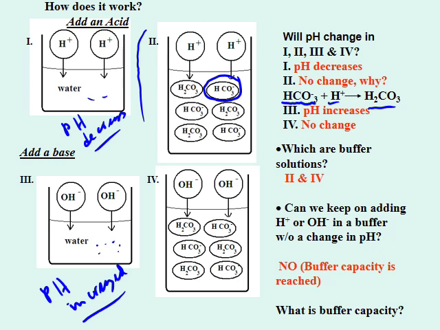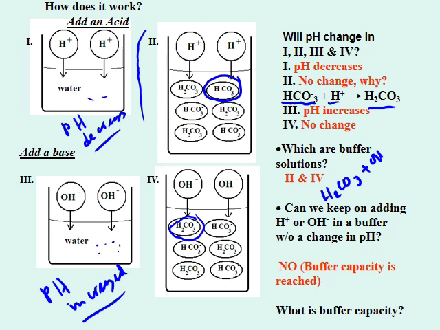On the other hand, if I add OH minus to the same solution, this time OH minus is going to react with H2CO3. Let me show you. I think I didn't write down that reaction here. H2CO3, that's the other species in the solution.